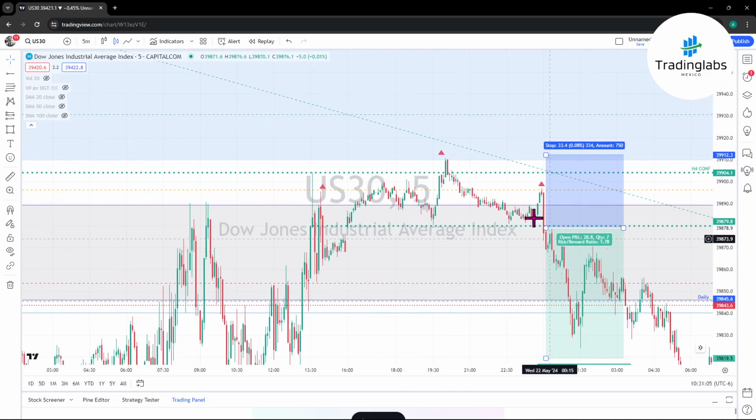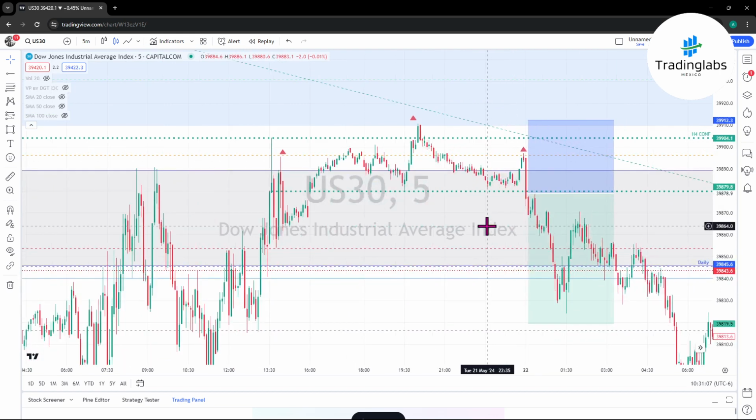The US30 moves on average 100 pips per day, no more than that. Sometimes it moves 500 pips like today, or 150 pips in some days, or 50. You have to know the Dow Jones.